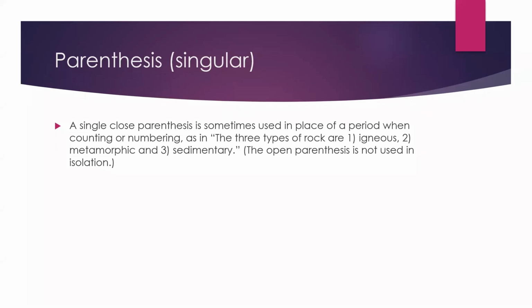Now this is used in addition to the comma, and that's basically one of the only instances in which you can use parentheses not in pairs, okay? And the final point here, the open parenthesis is not used in isolation. So you cannot use a single one just for one number. That is not a common use of that parenthesis.